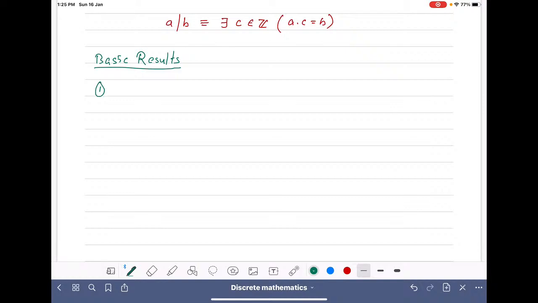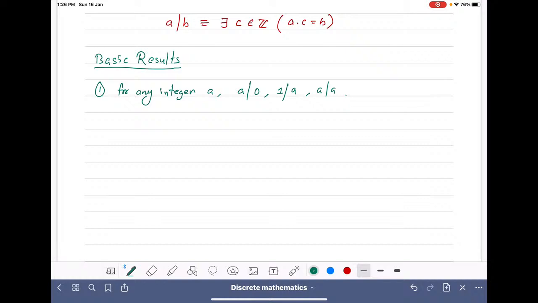First one is, for any integer a, we have a divides 0, 1 divides a, and the number itself divides a. That means it divides itself. These are basic three results.